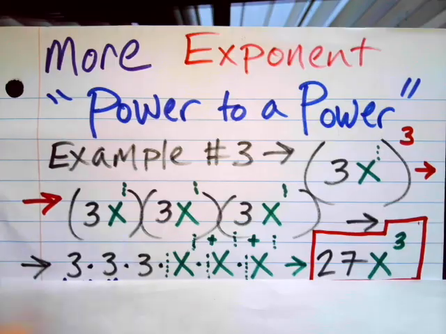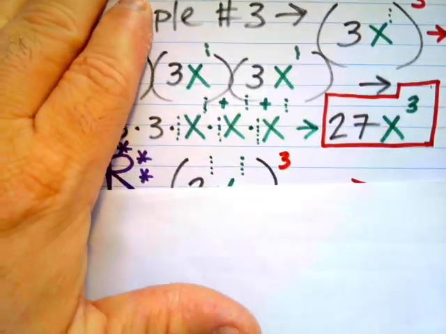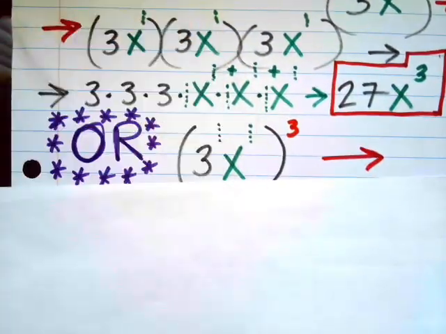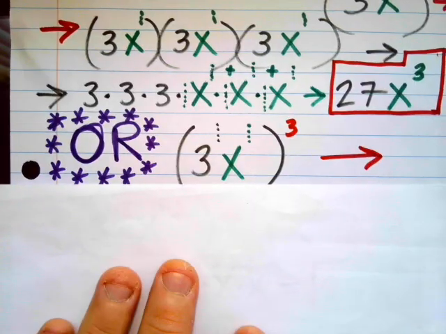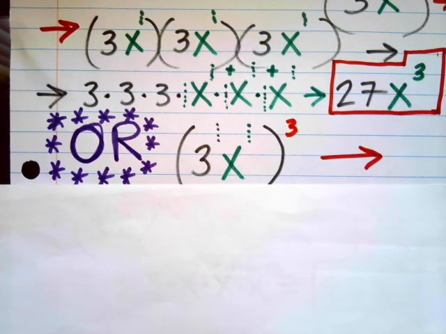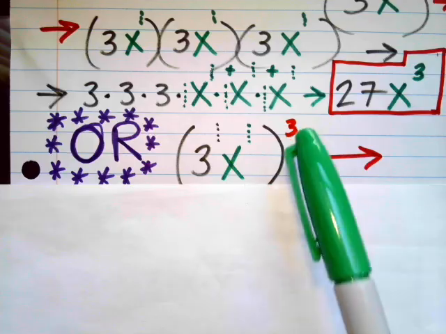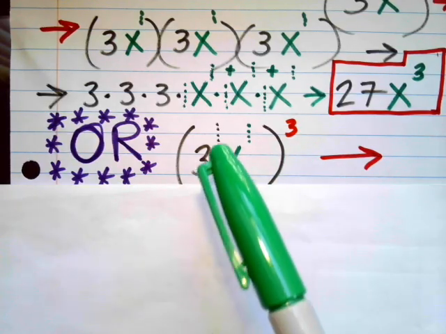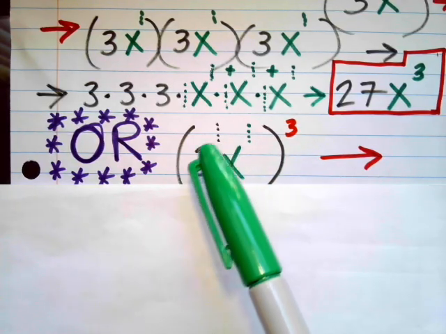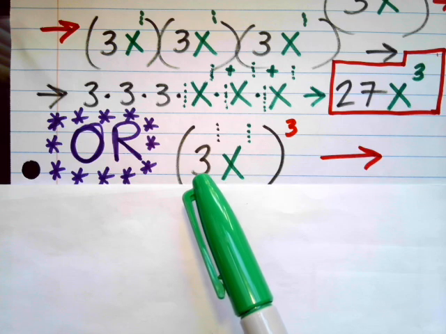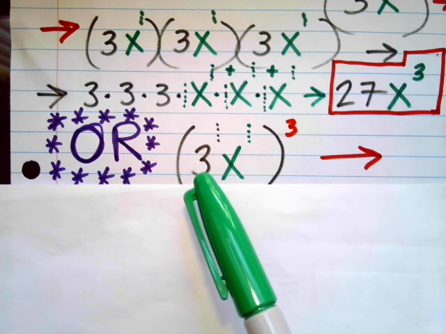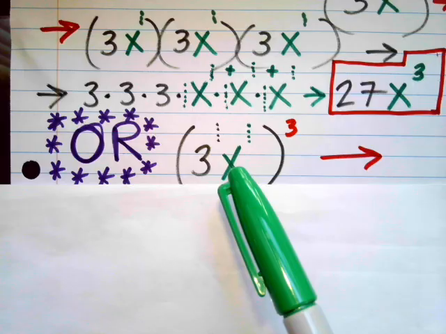Let's take a look at the same problem, but solved in a little bit different of a way. So as you can see here, it's the same problem, 3x raised to the power of a 3. But now I'm showing you the invisible 1 that's attached to this coefficient, 3, and the variable x.